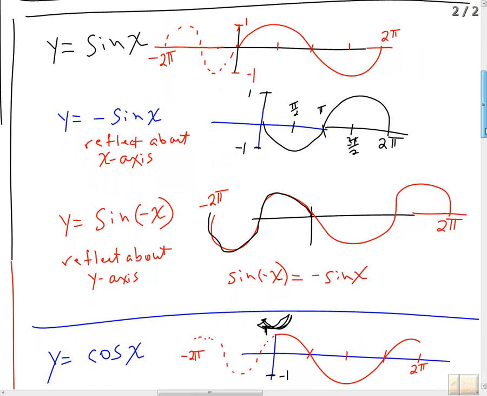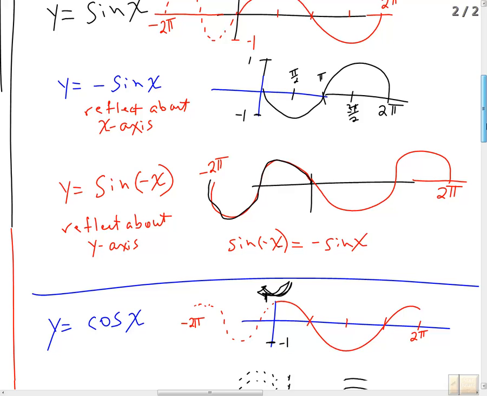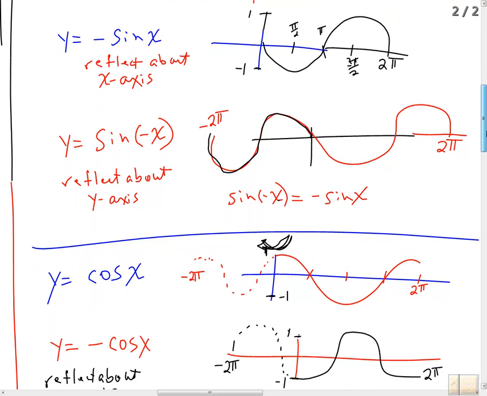Okay, next, y equals cosine x. Here's our parent graph, and so that starts off at 1 and comes up and around to 2 pi. So when we have y equals negative cosine x, instead of starting off at positive 1, now it's going to start off at negative 1, and then come up and then around like that to 2 pi.